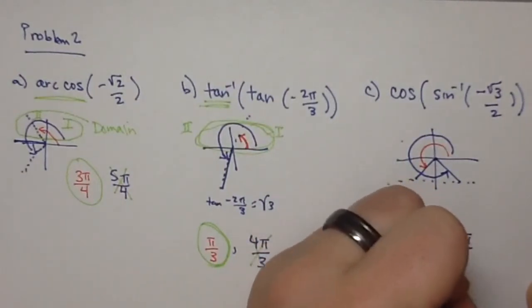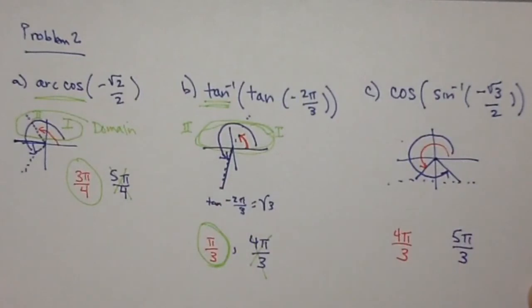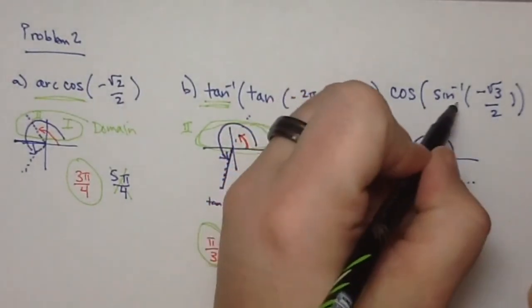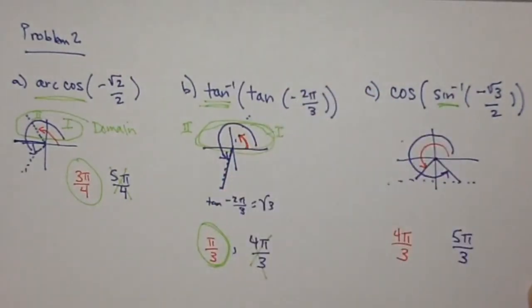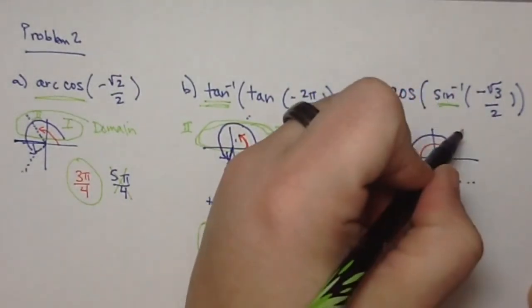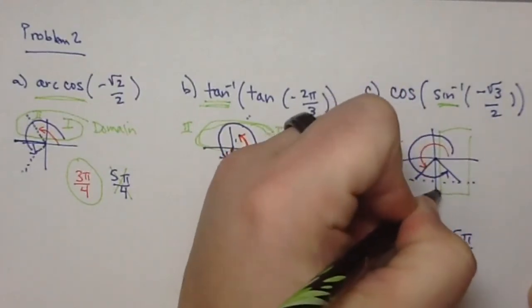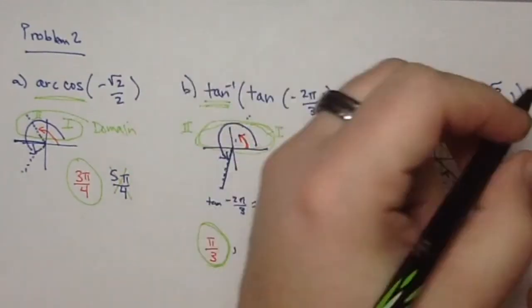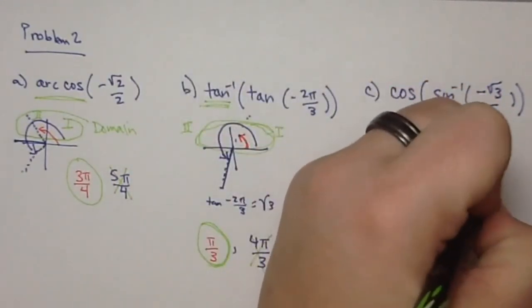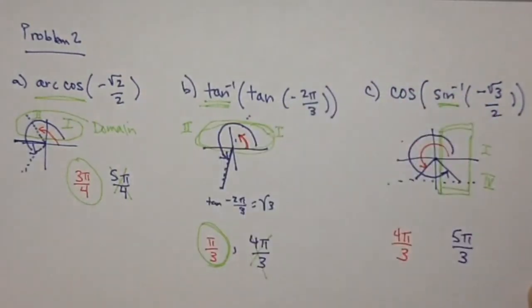Now again, we must consider the domain. Inverse sine has a domain in the first and fourth quadrants. So 1 and 4.